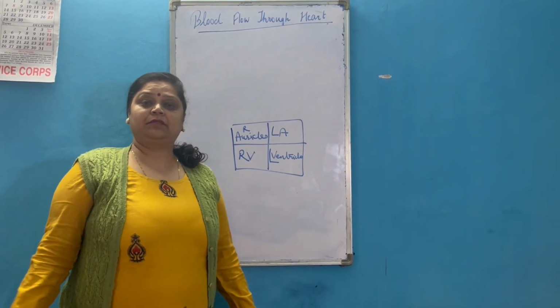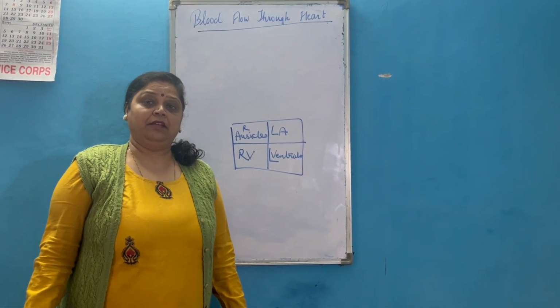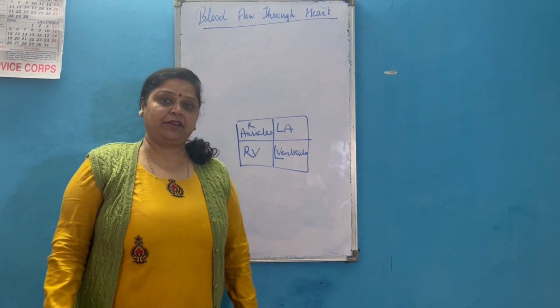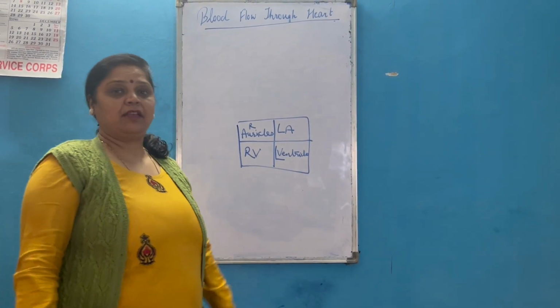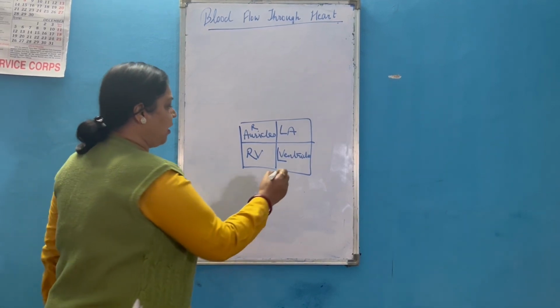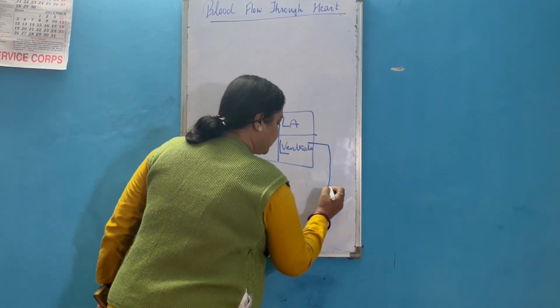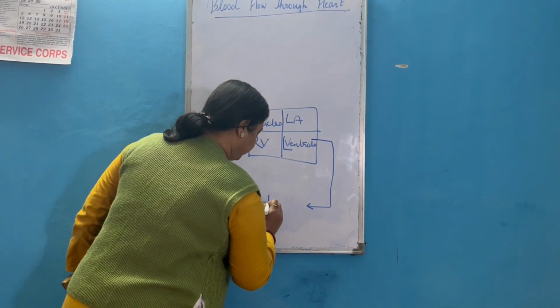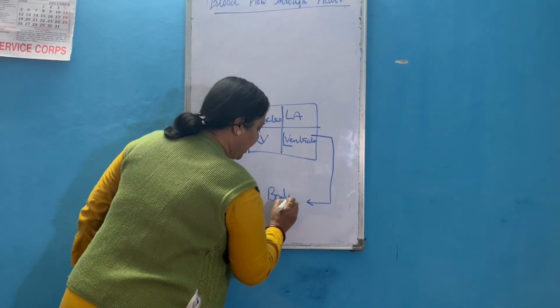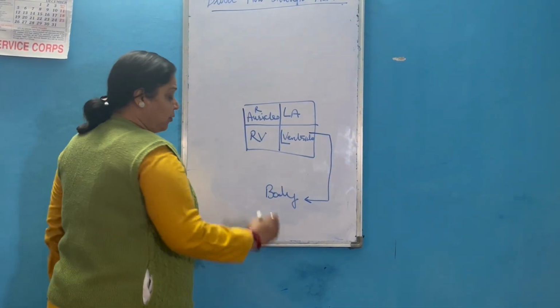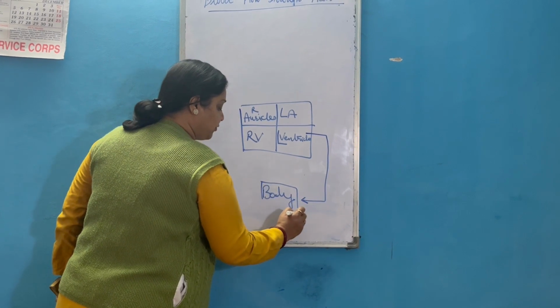Karl Landsteiner described the circulatory system: the blood vessels which carry blood away from the heart, he termed arteries, supplying blood to the body cells right from head to toe.